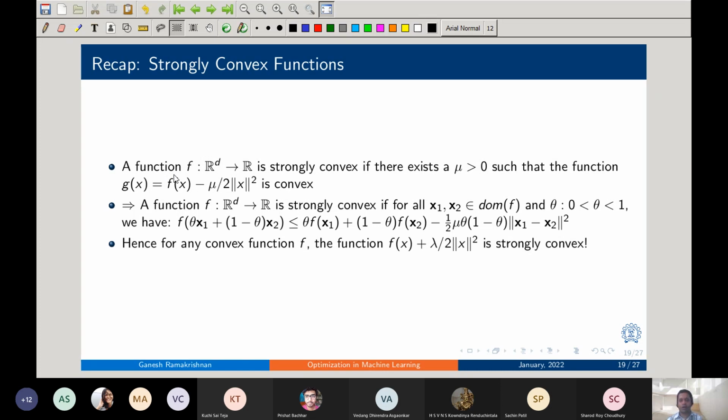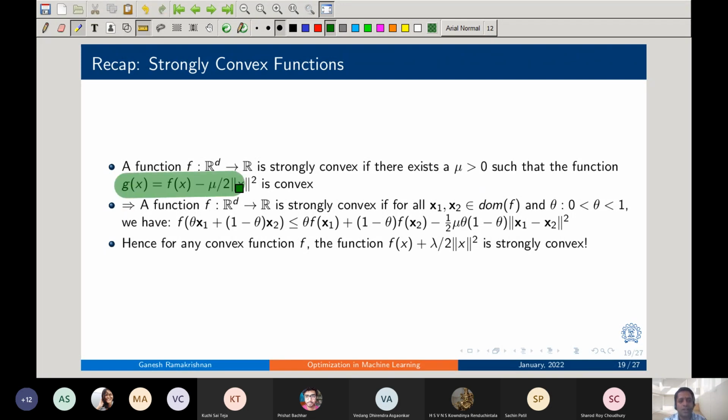I didn't so far explicitly give the definition. I defined it in terms of convexity. I said that f is strongly convex if there exists a mu such that the function g is convex. But it turns out it's the same as saying the following.